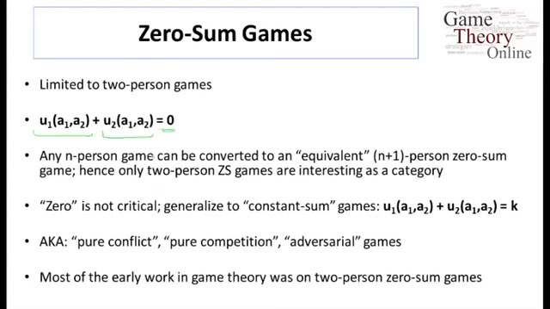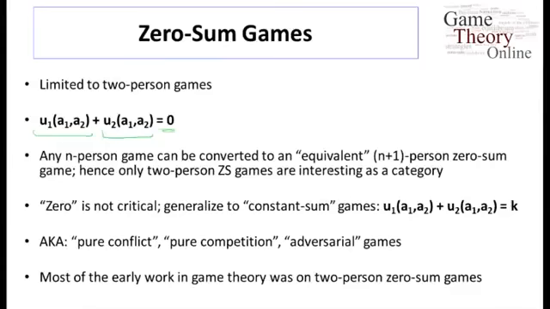There's a classic result by von Neumann and Morgenstern in the 1940s that said that basically any n-person game can always be converted into an equivalent n+1 person zero-sum game. Whatever's left over that doesn't sum to 0, you have the n+1 person's payoff be equal to the minus of what the sum of everybody else's payoffs are. It always sums to 0.